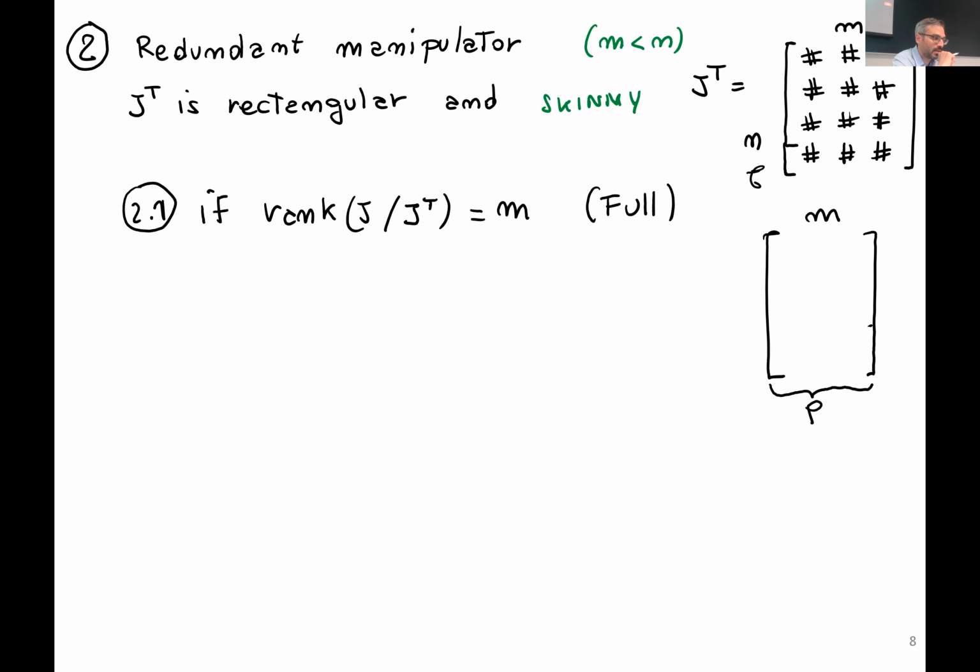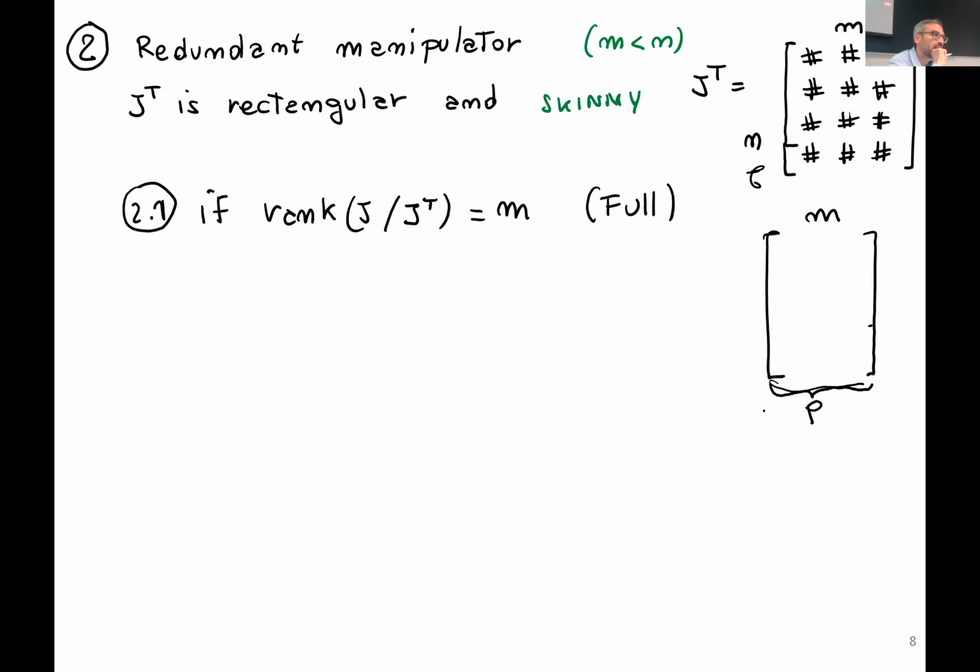Now, if the Jacobian is full rank, in this case, rank is equal to m. Then, do we have a null space for J in a redundant manipulator?